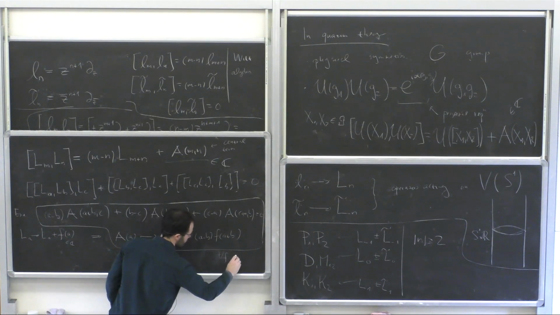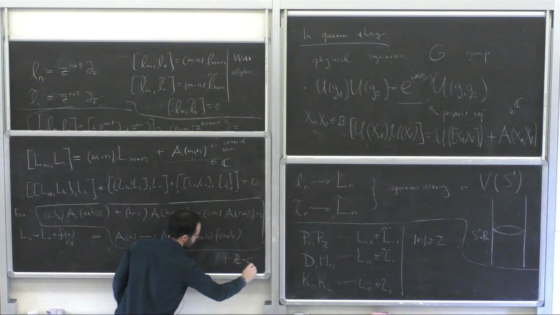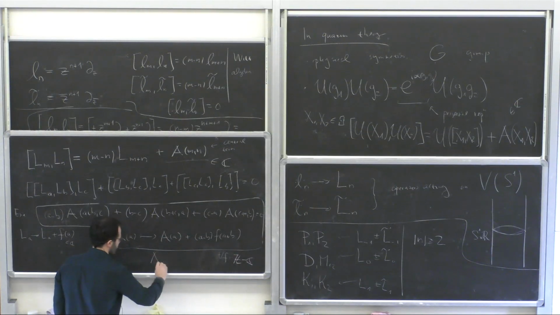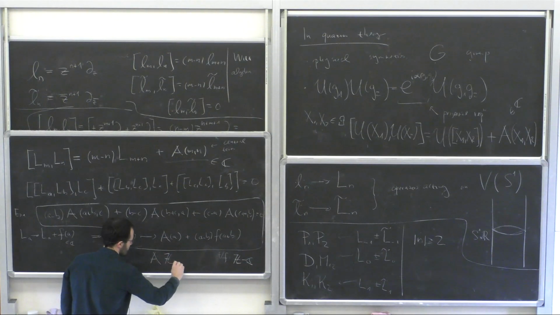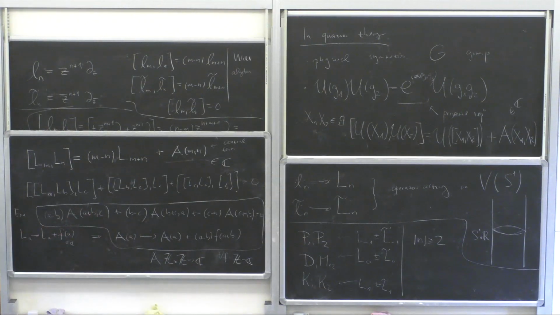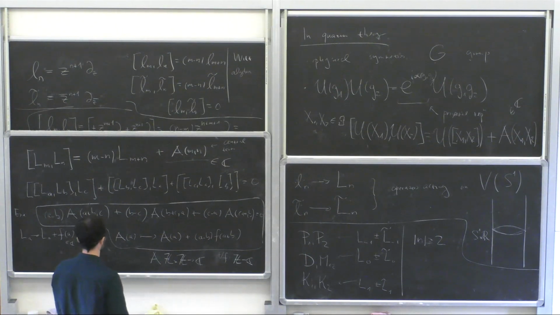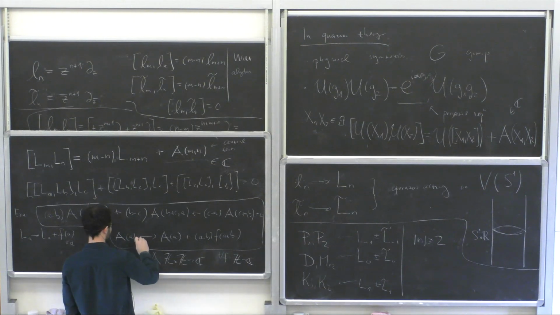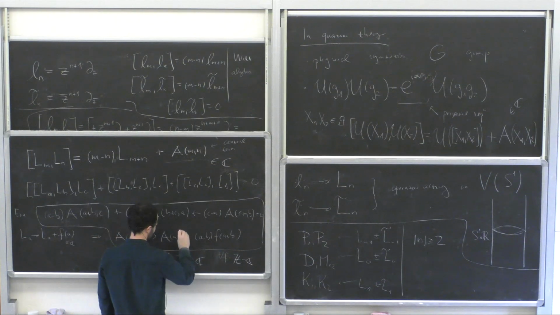So f is a function from Z to C, and A is a function from Z times Z to C.